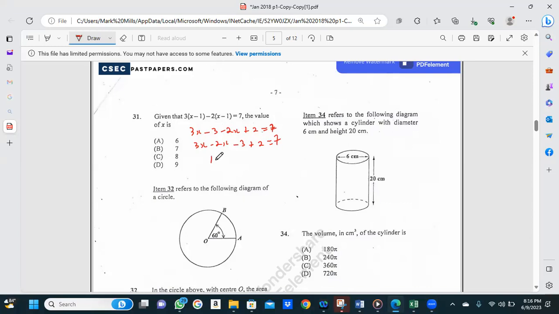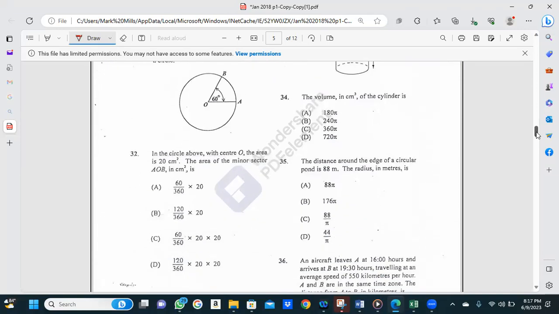We work this out, x minus 1 is equal to 7. So x is equal to 7 plus 1, so x is equal to 8. So the answer is C. Are we clear? Yes, sir.